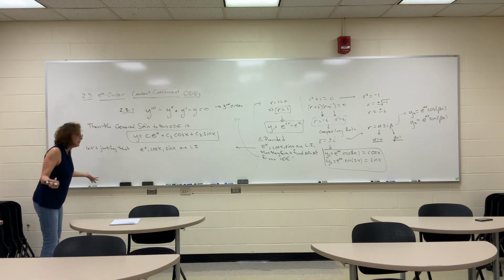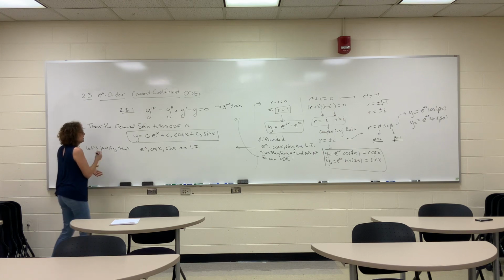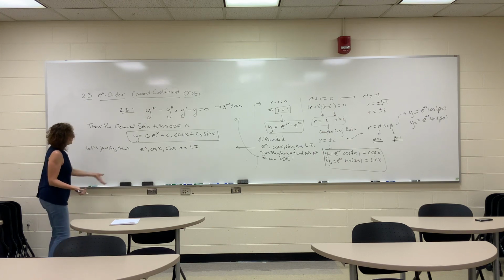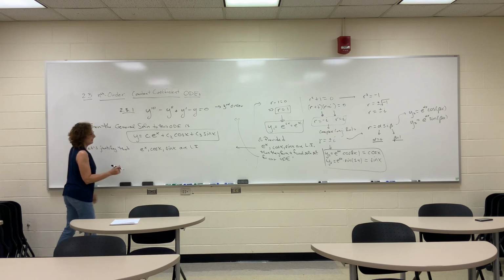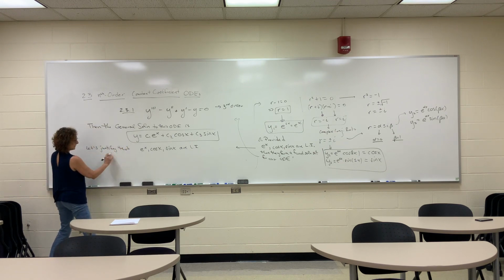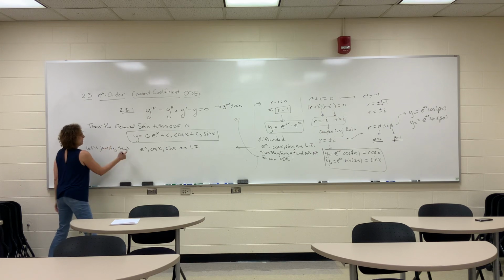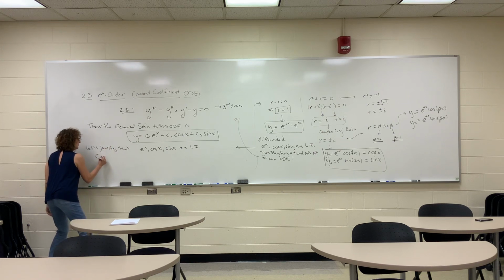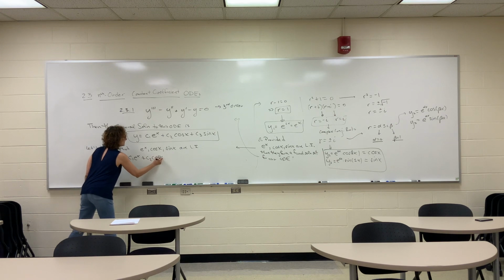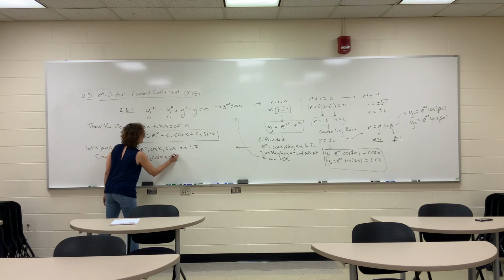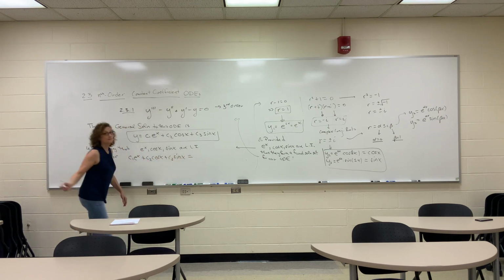So what do we do when we do that? We talked about the Wronskian last time, but this would be a 3x3 determinant, and it would be more work than needed, and some of you don't even know what that means, so we're just going to talk about what we want to consider. We're going to consider the linear combination C1 e to the x plus C2 cosine x plus C3 sine x set equal to what?